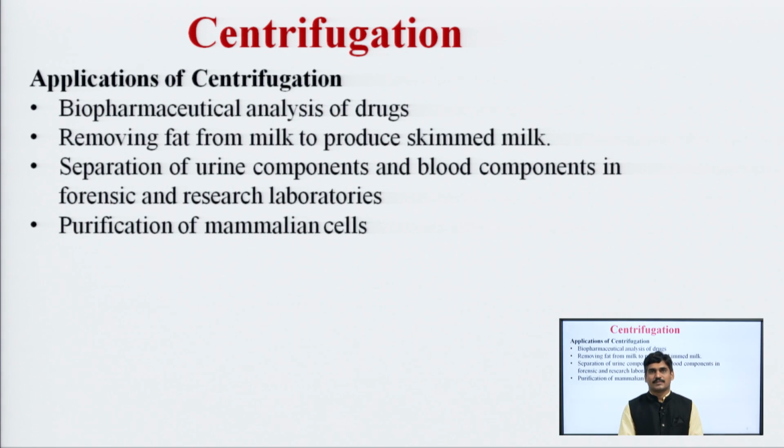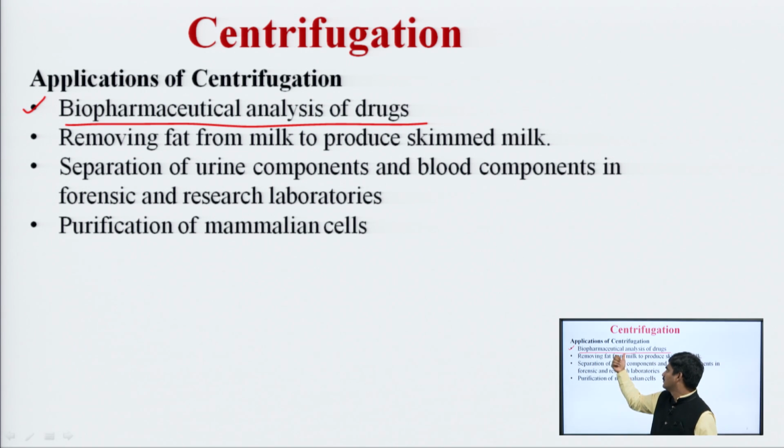Some more applications of centrifugation are in biopharmaceutical analysis of drugs. The principle of centrifugation can also be applied for this biopharmaceutical analysis. Then fat is removed from milk to produce skim milk.